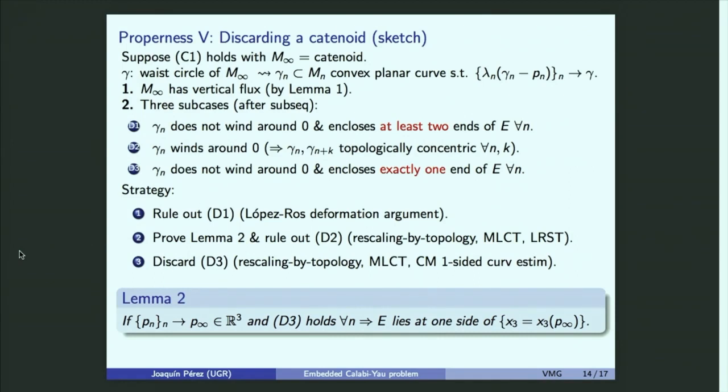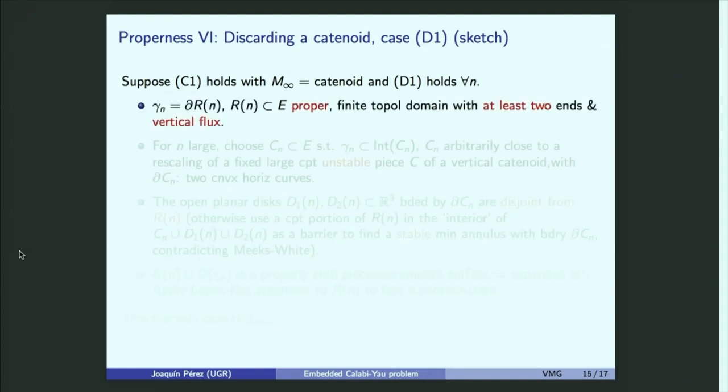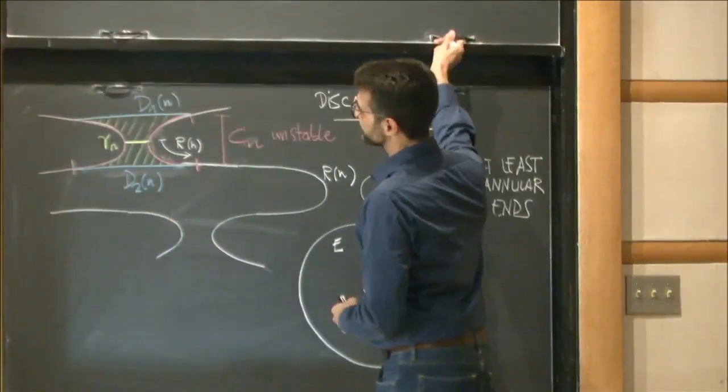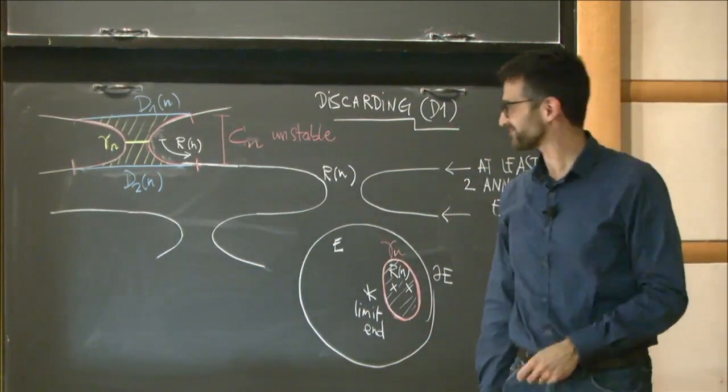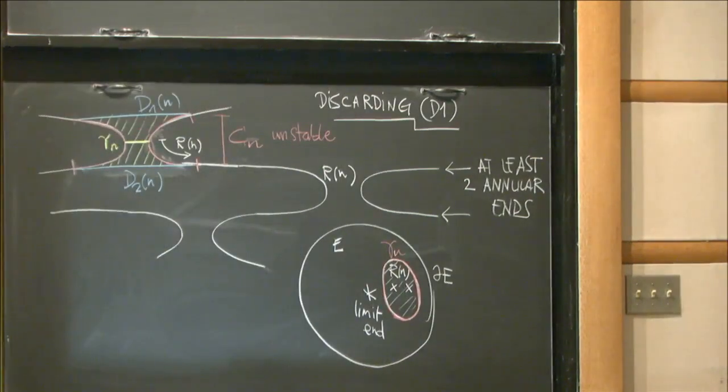So let us rule out D1. Suppose that C1 holds, which means the limit is a catenoid, and D1 holds, which means that every gamma n encloses at least two ends. I don't have pictures as nice as Christina's, but I have pictures. That means the following: you have at least two ends enclosed in the abstract topological surface.